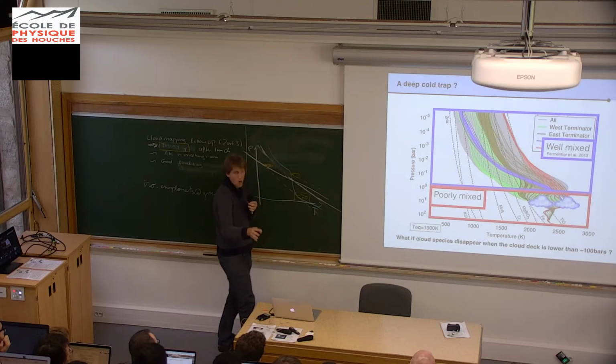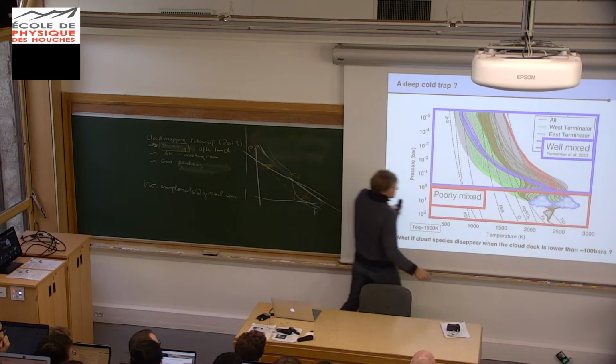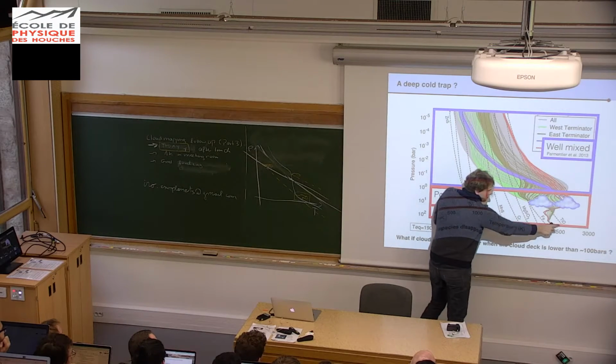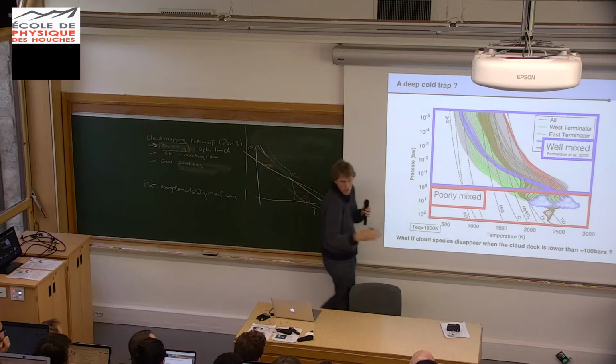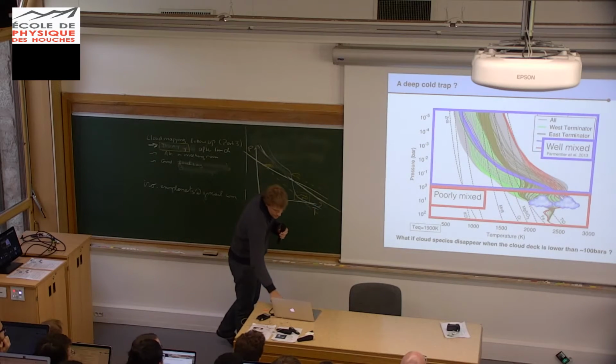I say, wait, here my TiO cloud, my equilibrium chemistry would tell me that it would form here on the night side and a bit on the top of the day side, but I think they form deep down and are no more available for condensation. All the gas has been trapped in clouds in the deep layer of the planet.